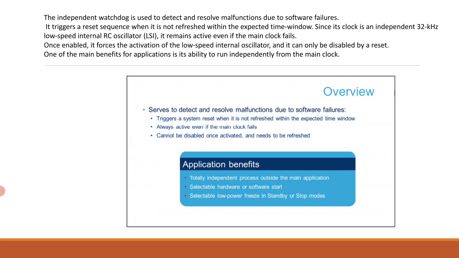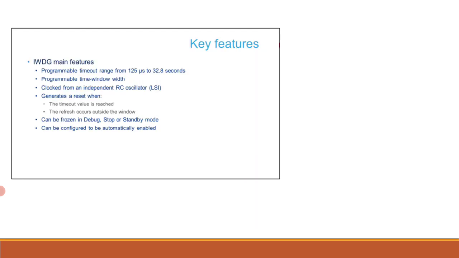The independent watchdog offers a wide range of timeouts from 125 microseconds to 32 seconds. It is clocked by a 32 kHz RC oscillator, which cannot be disabled when the independent watchdog is enabled. It generates a reset when the programmed timeout value elapses or when a watchdog refresh occurs outside a programmed time window.